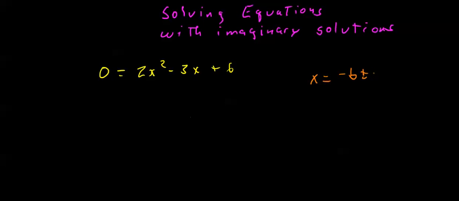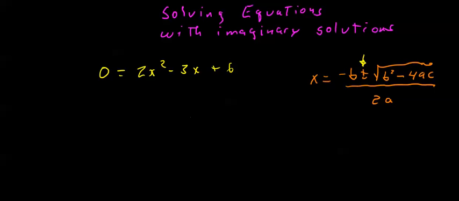Try to write it without me saying it. The square root of b squared minus 4ac all over 2a.